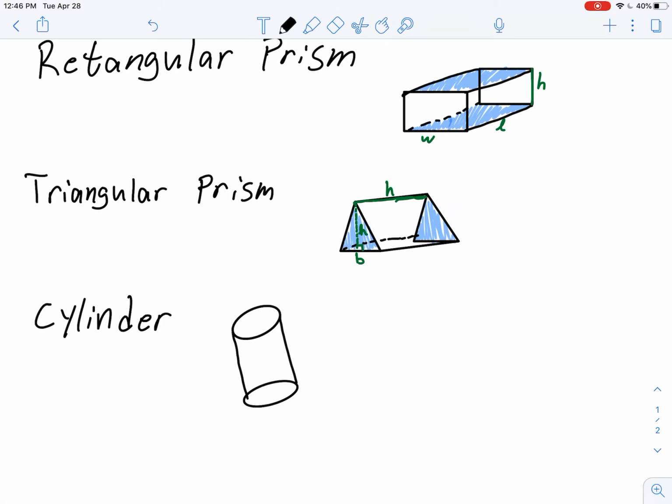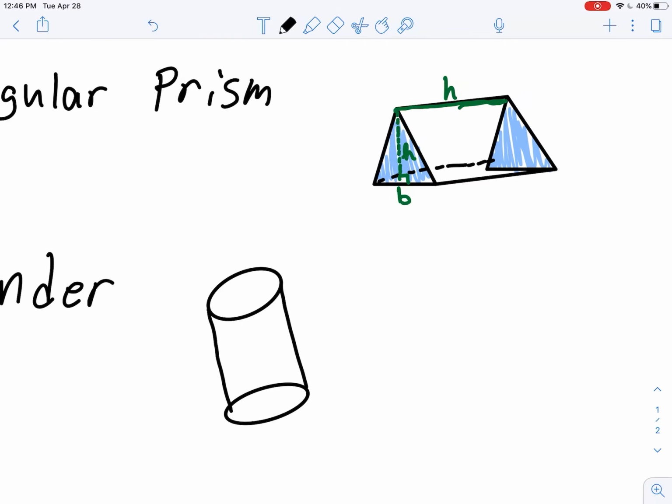So some information on the cylinder. As we talked before, our bases were the circles, where I can set it on a flat piece of table or something. Now the height connects my two bases. That's right here. That's my H. And then there's one more important thing. From the center of the circle to the edge, we're going to have a line.